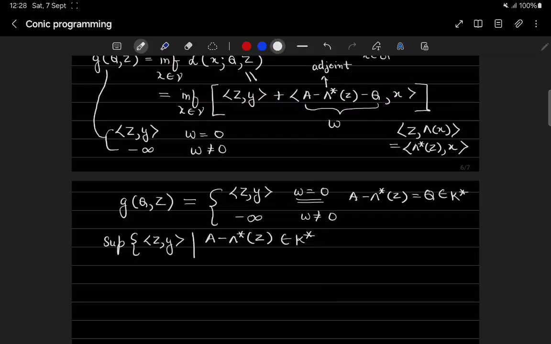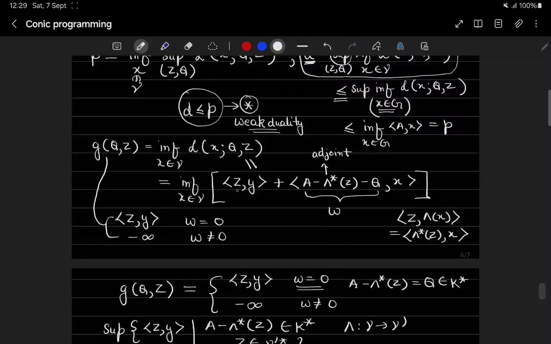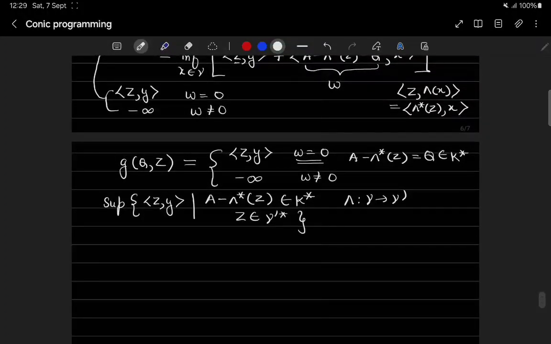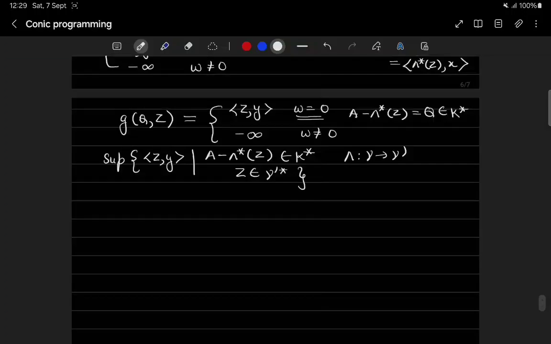And the second point is that z belongs to v prime star. So lambda is a map from v to v prime, so z here is in the output space. Otherwise lambda star of z will not anyway make sense. So with this idea we have the dual problem, which is again an optimization problem.